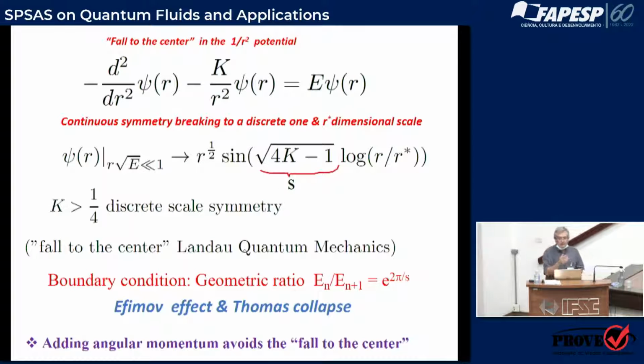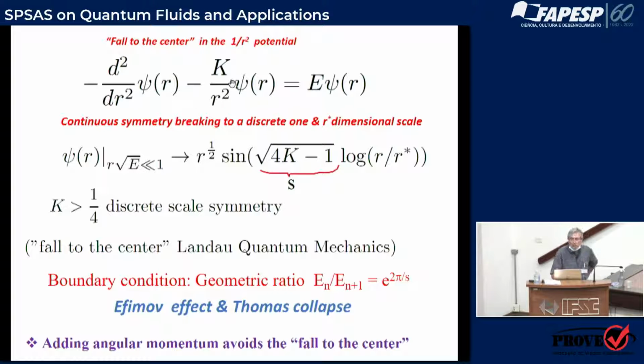Okay, now another example, a classical example, is the fall to the center that is illustrated in the book of Landau on quantum mechanics. That is a problem where you also have scale symmetry, just a 1 over r squared potential. Then if you go to very short r, of course you can disregard the energy, and then you have scale invariance, because the dimension of the kinetic energy operator is the same as the potential.